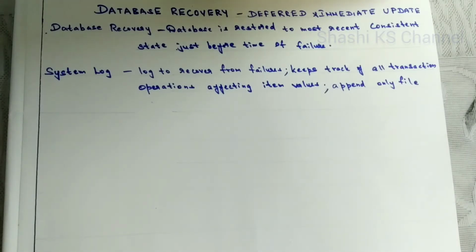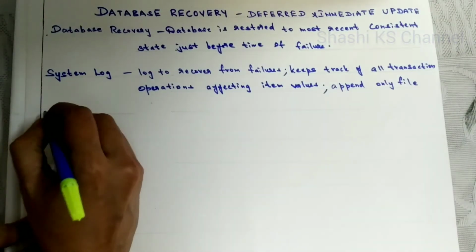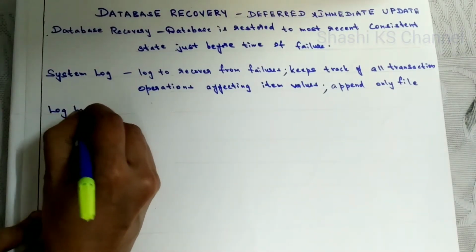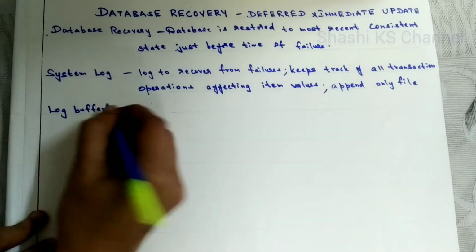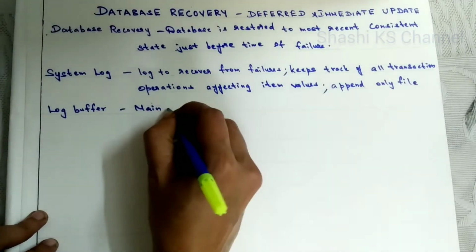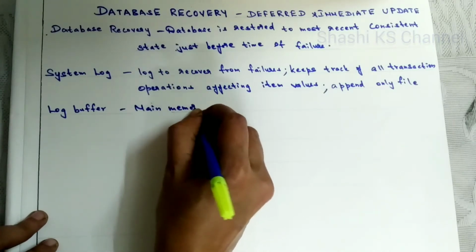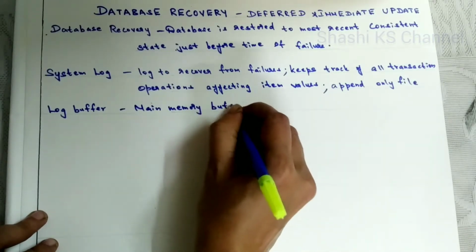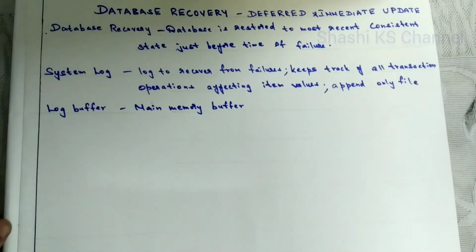Whenever a transaction operation updates a data item, is it going to be updated on the system log which resides on the disk? The answer is no. It is going to be updated in something called the log buffer. Log buffer is a main memory buffer which holds the last part of the log file.